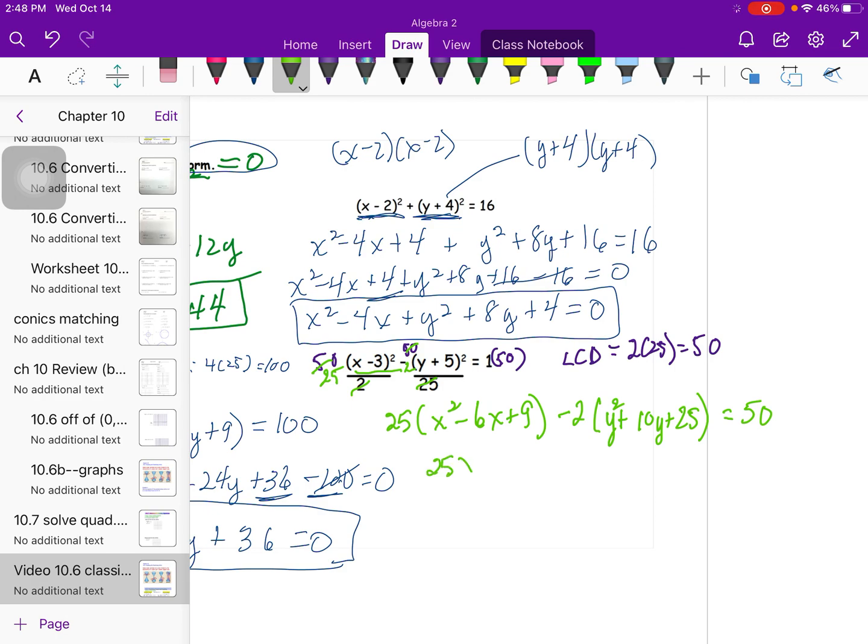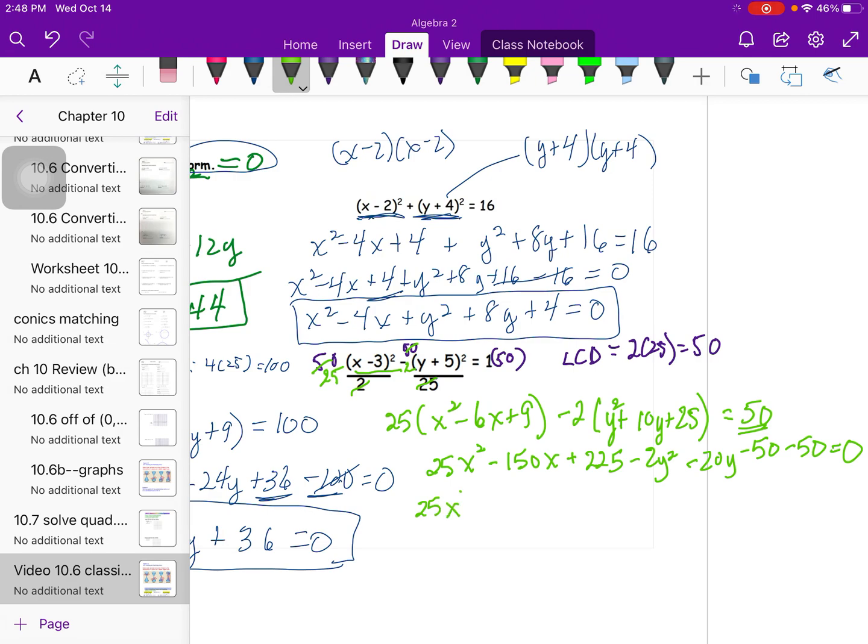So this is 25x squared minus 150x plus 225 minus 2y squared minus 20y minus 50. I'm going to subtract this 50, so minus another 50 equals 0.